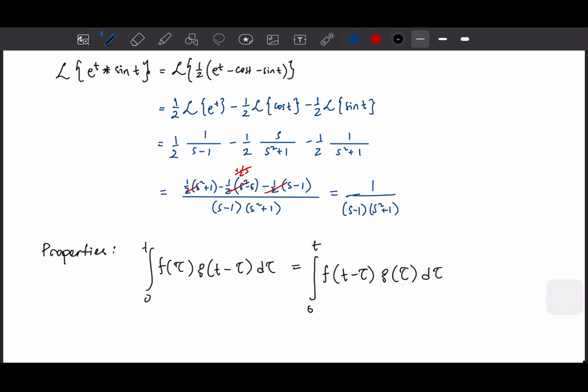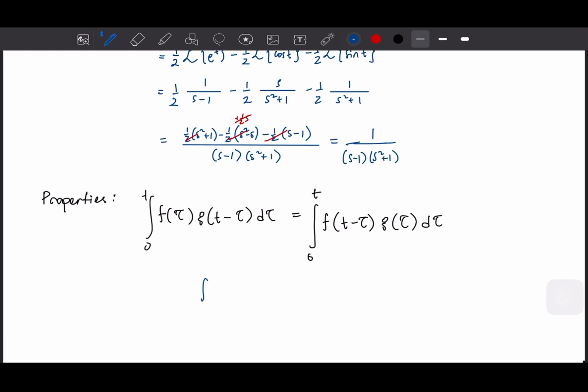So we could write that f convolved with g is equal to g convolved with f. So they are commutative.